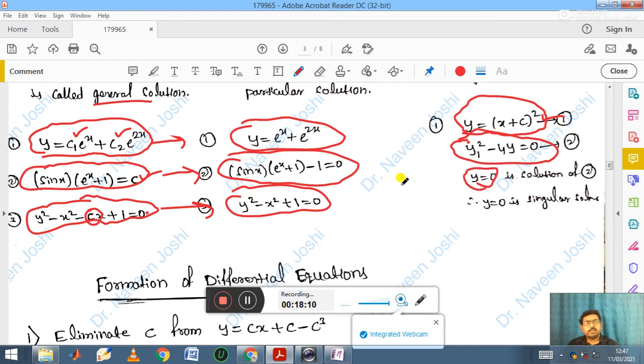By altering the c value, you cannot get y equals 0. Hence it is completely independent of the general solution as well as the particular solution. Hence y equals 0 is the only such solution, and it is known as the singular solution.